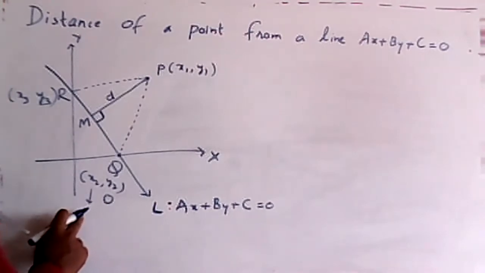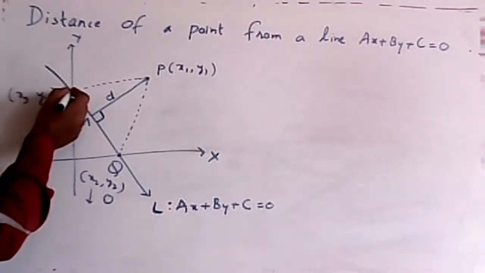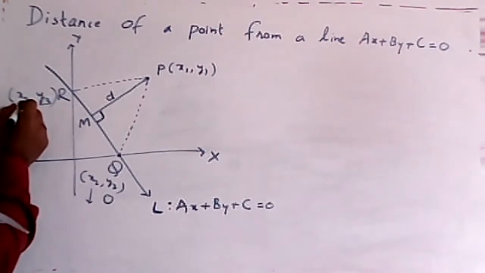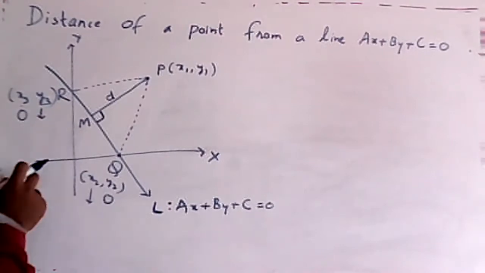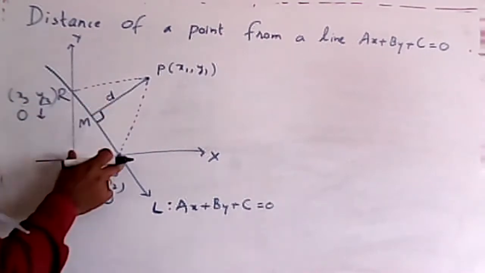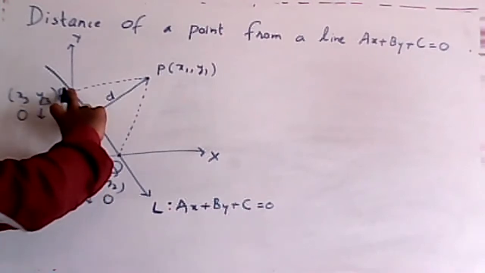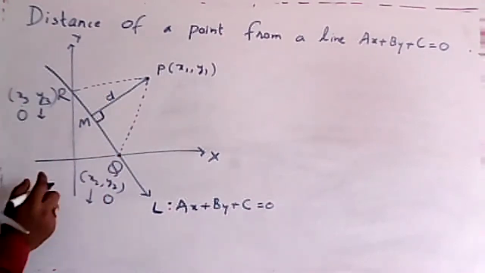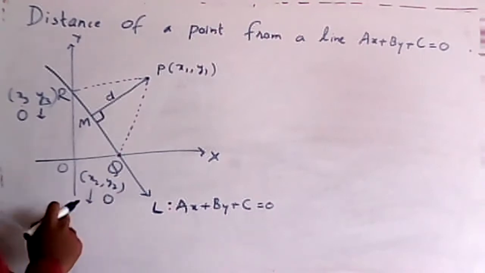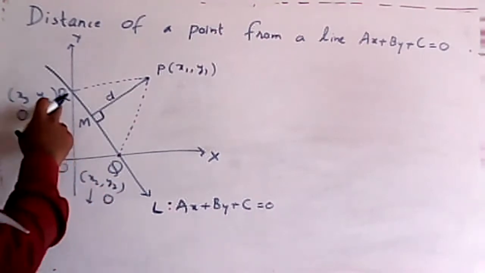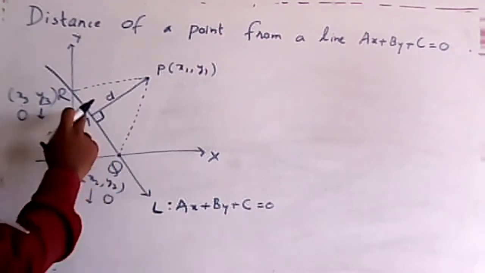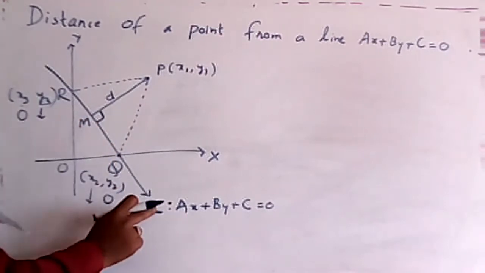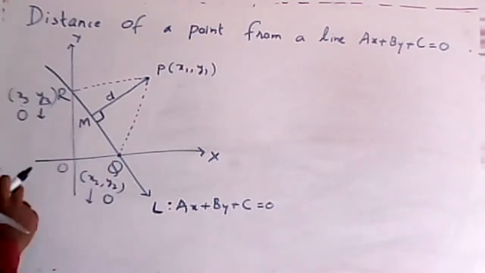Similarly here, y will be there but x is 0, and we have to find y. These make the x-intercept and y-intercept, where y is 0 in the x-intercept and x is 0 in the y-intercept, and these intercepts are made by line L. It tells that line L satisfies these two points.